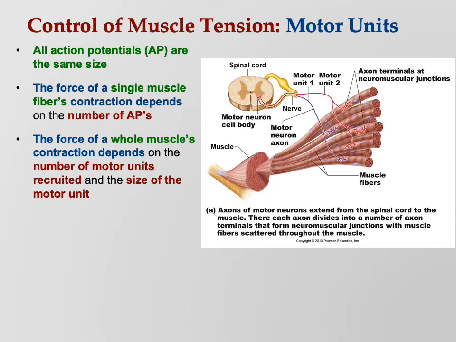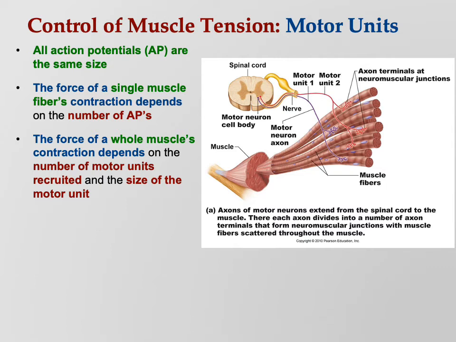Now, is that really going to be a huge difference between two and three? No, it's not. But the illustration just has to be simple enough to show. In reality, it's a difference. That's called a motor unit, each one of those. So in this case, one motor unit goes to two muscle fibers. The other motor unit, number two, goes to three muscle fibers.